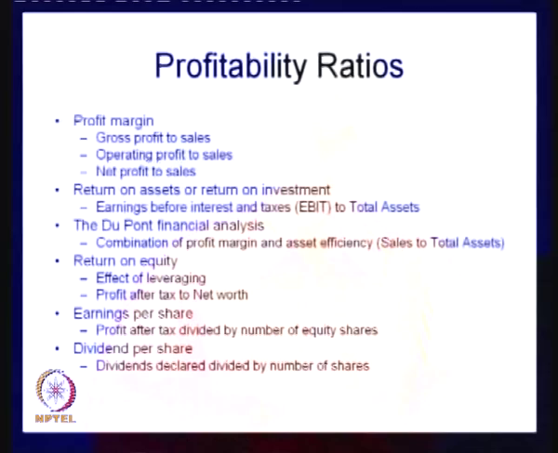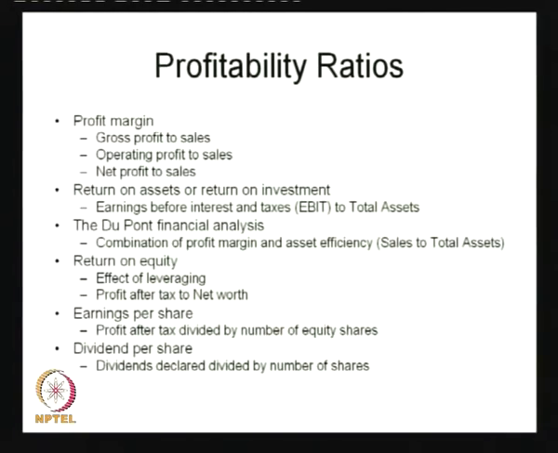That shows the company is able to comfortably meet the expenses and still create some surplus for the investors. Then we have the return on assets, or return on investment, which is related to investment. In this we talk about the profit that has been earned on the total investment of the company. Total investment is always reflected as total assets of the company, and the numerator for this ratio is profit before interest and tax, or earnings before interest and tax.